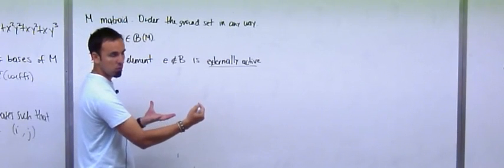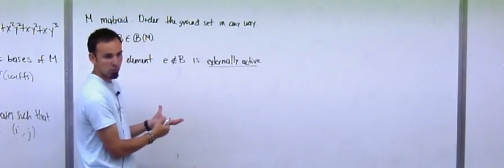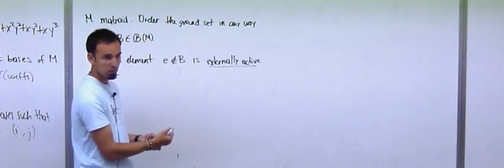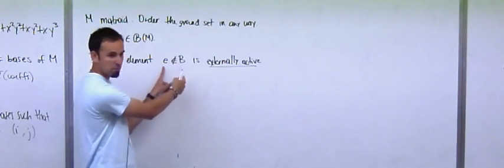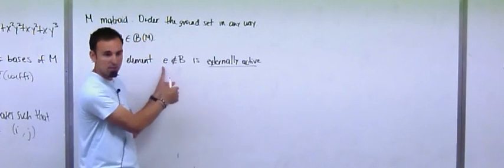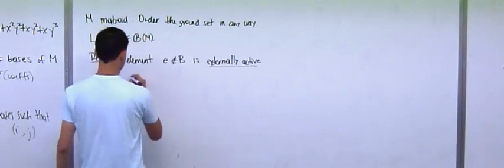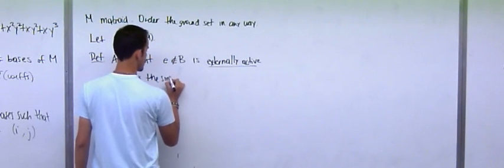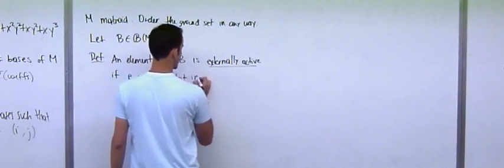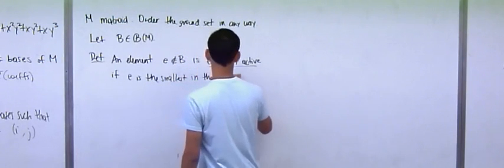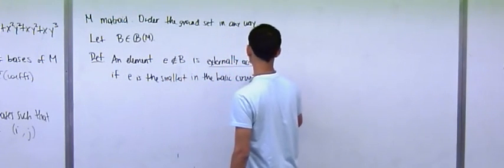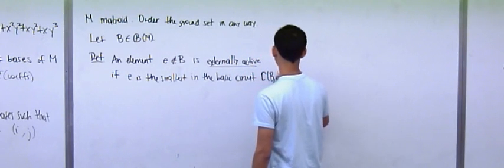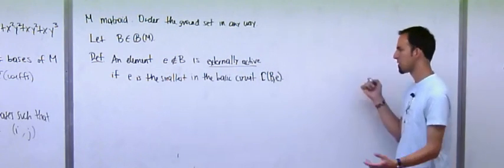If you add e to the basis, you're going to create a unique circuit. You're going to look at that circuit, which contains e and some of the things in B, and figure out if e is the smallest in that circuit, which we call the basic circuit C of B, comma, e. That's what you're going to do.